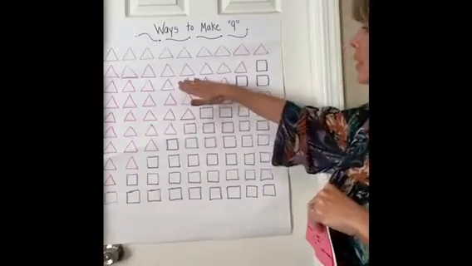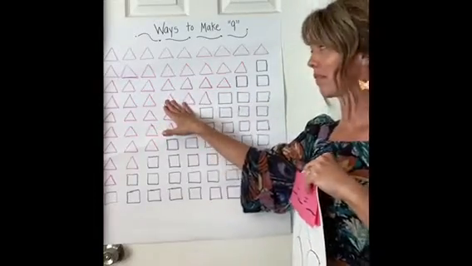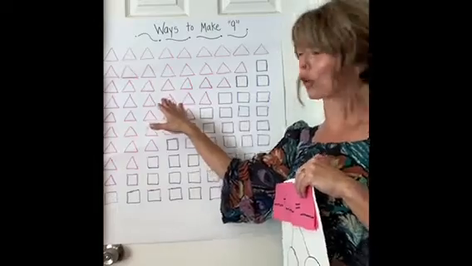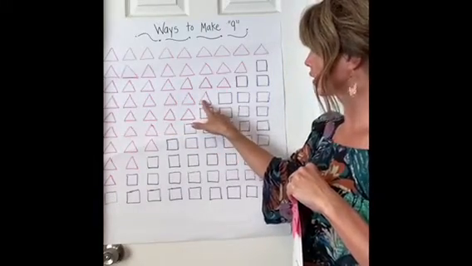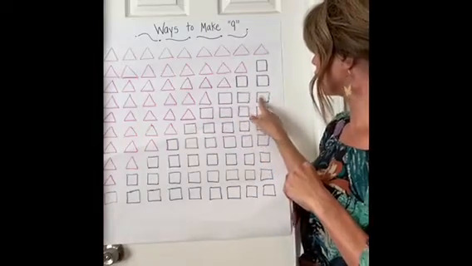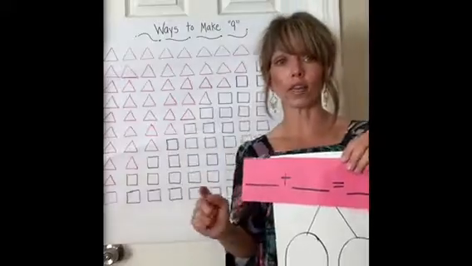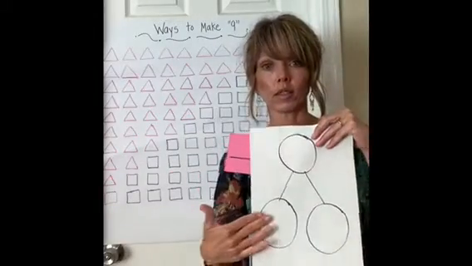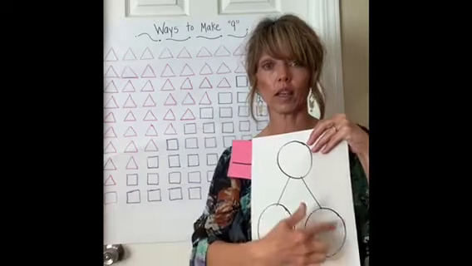So last time we had 7 triangles, so how many triangles will we have this time? If you said 6, you are correct. 1, 2, 3, 4, 5, 6 triangles plus 1, 2, 3 squares equals 9 shapes altogether. So 6 plus 3, so 6 objects and 3 objects.